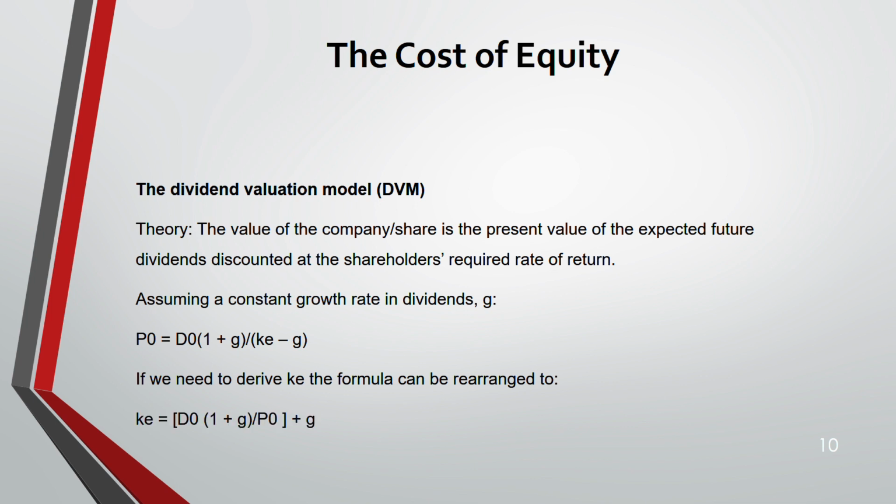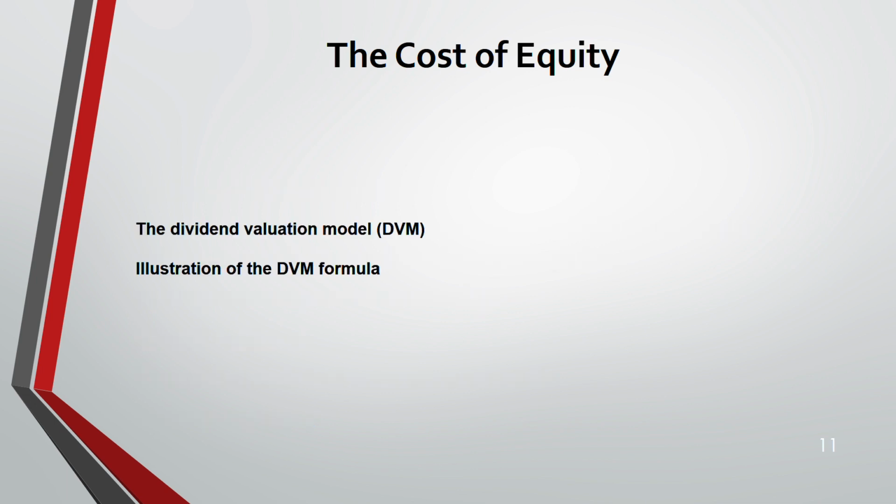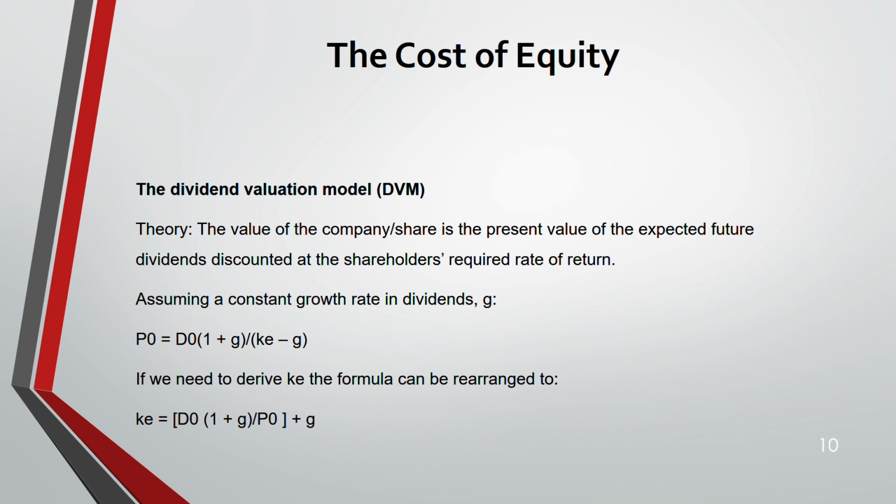Just change the formula. Make KE the subject and this becomes the formula: dividend of year 0 into (1 plus G), always 1 plus the growth, divided by the share price, plus growth rate. Okay, this also you will understand through calculation. So I will show you there.